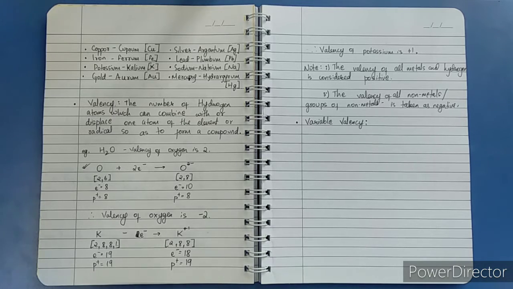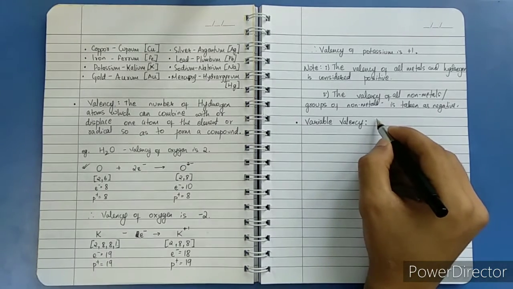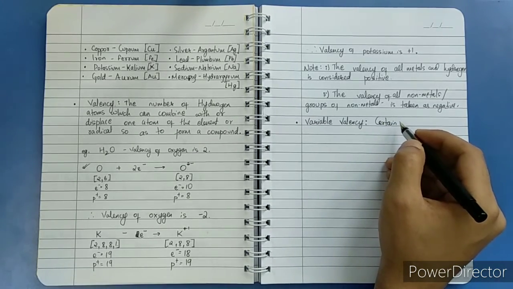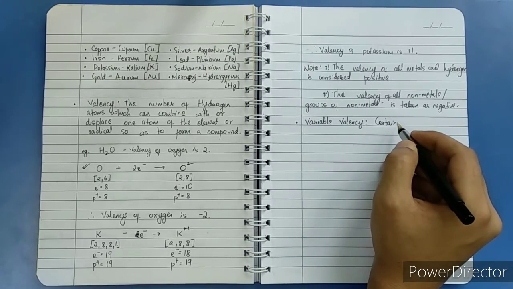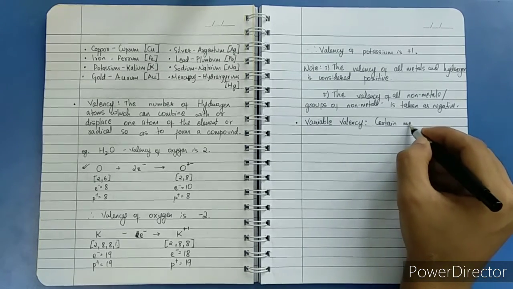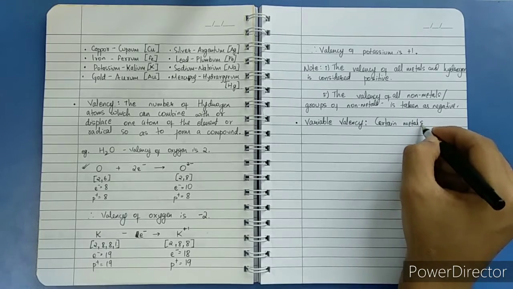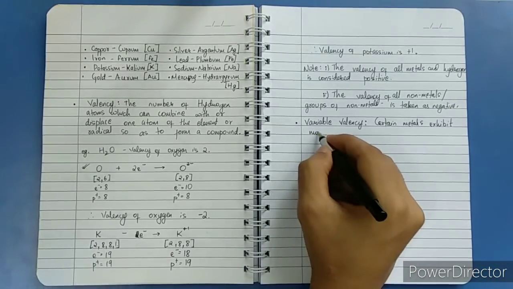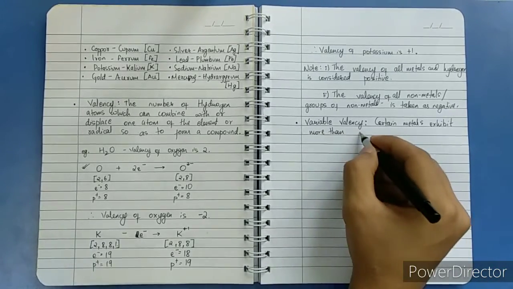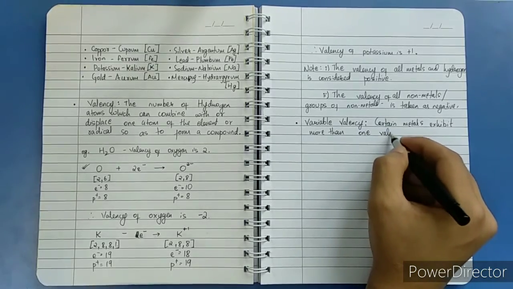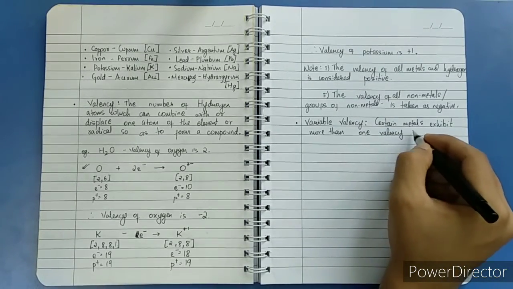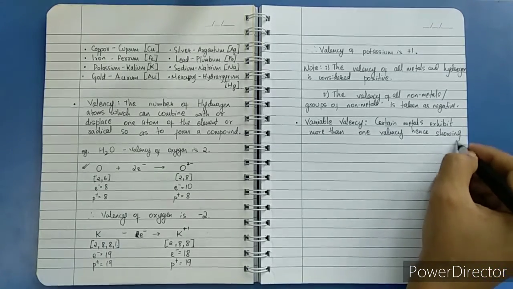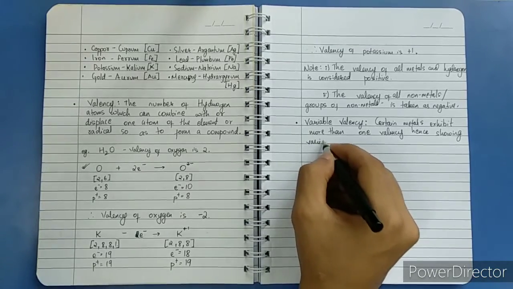So variable valency is basically certain metals, the transition elements present in group 3 to group 12, that exhibit more than one valency, hence showing variable valency.